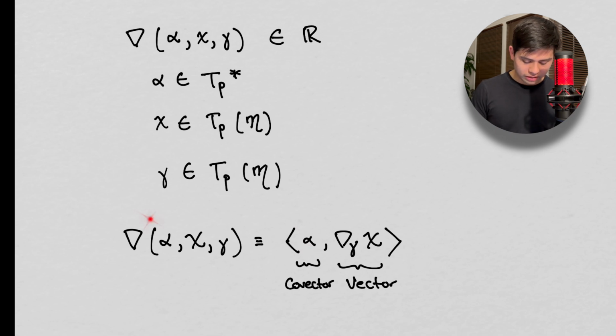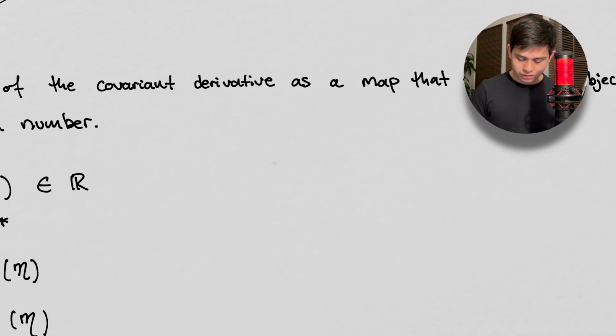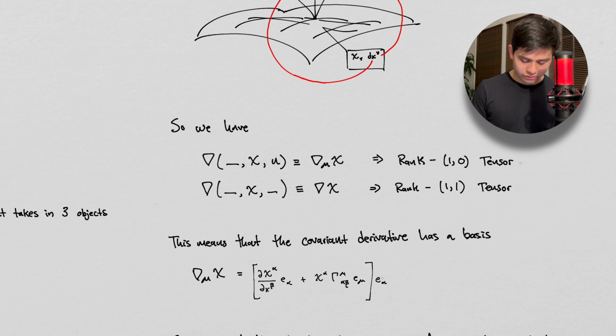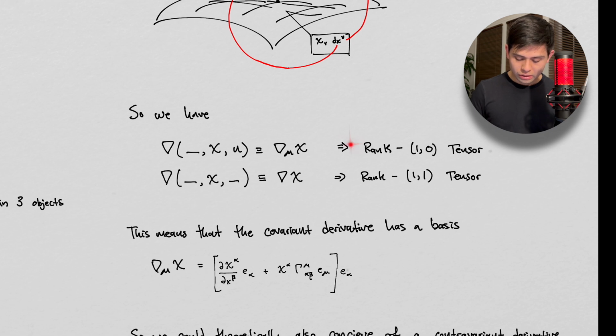That's going to be the idea here. So when we feed in a vector and a covector, we're going to get an object that looks like this, and this is a rank 1, 0 tensor. In other words, this is a vector. And so what brings a rank 1, 0 tensor to a number? Well, a rank 0, 1 tensor. That's the object that was in this space.